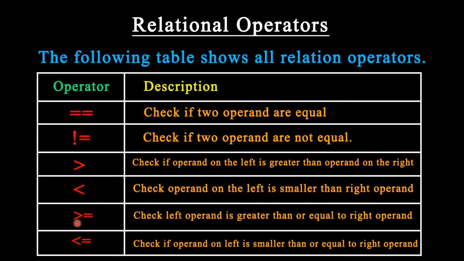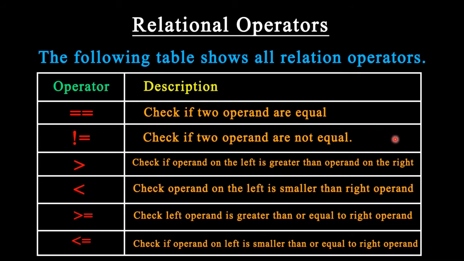Then comes the second last relational operator, which is greater than or equal to. This will check if the left operand is greater than or equal to the right operand. And similarly, smaller than or equal to. This will check if the operand on the left is smaller than or equal to the right operand. So these are all the relational operators in C.